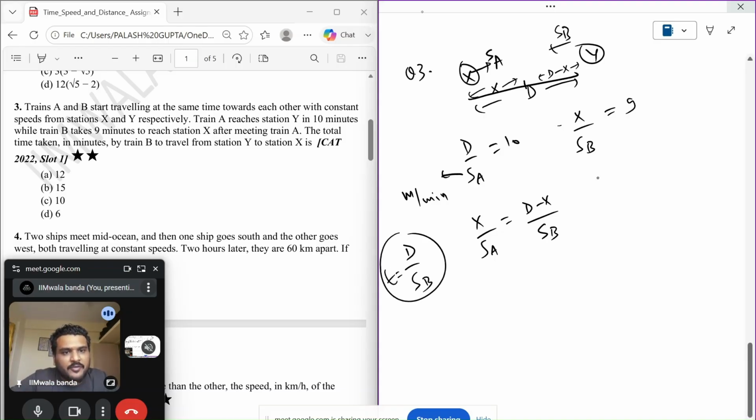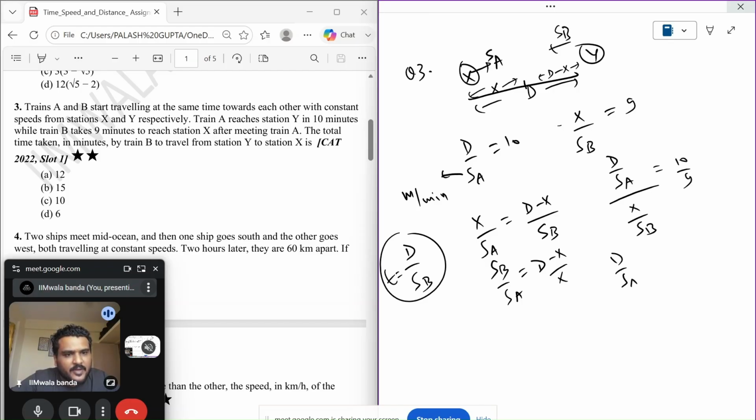Okay. So if we use the information that we have, can I say SB upon SA is D minus X upon X? And from here, if I want to find SB upon SA, can I just divide the two ratios? So this becomes D upon SA, SB by X is 10 by 9, or SB upon SA is basically 10x by 9D.